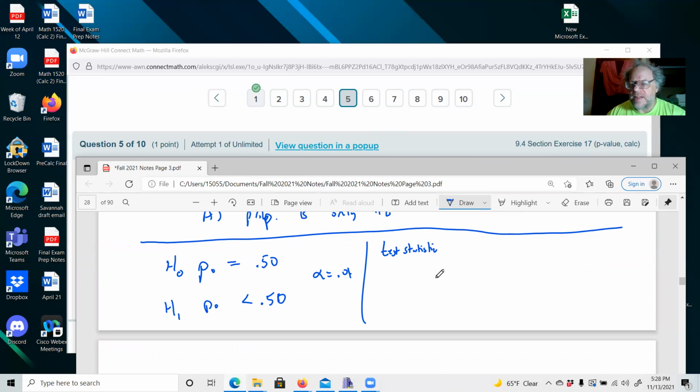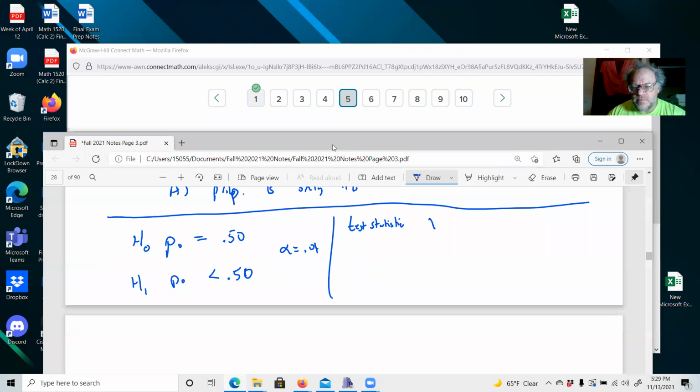If they didn't say anything about a test statistic, they just said out of 444 people, 0.5 of them. Our X is equal to 202. Our N is equal to 444.